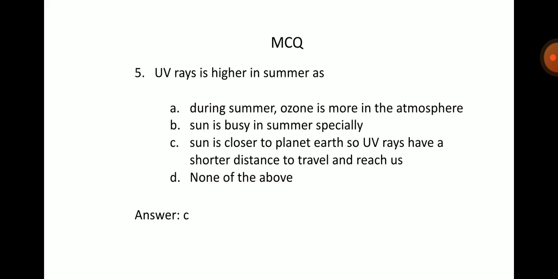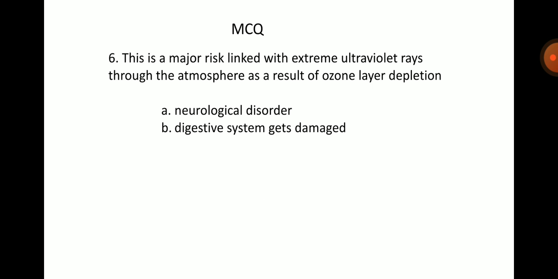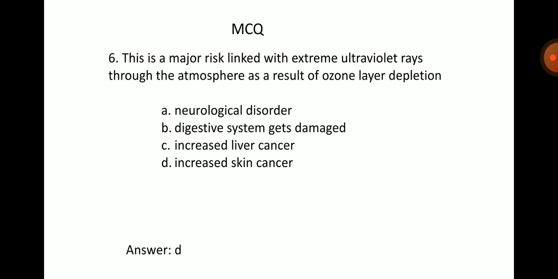The answer is option C. Next question, this is a major risk linked with extreme UV rays through the atmosphere as a result of ozone layer depletion. So, options are A. neurological disorder, B. digestive system gets damaged, C. increased liver cancer, and D. increased skin cancer. The option is increased skin cancer, that is option D.